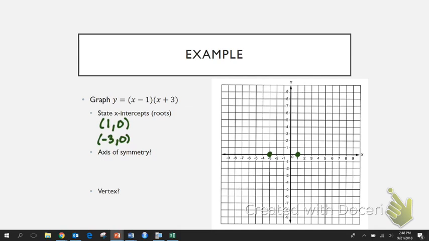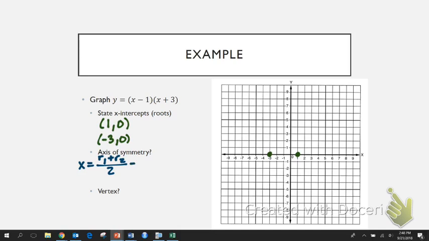Now I need to know the axis of symmetry. The axis of symmetry, if you look at the notes that we took a couple slides ago, happens at x equals r1 plus r2 over 2. Basically, that just means that it happens directly in the middle of those 2 points.